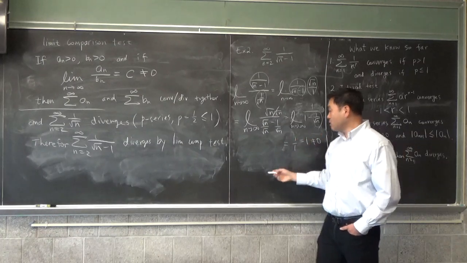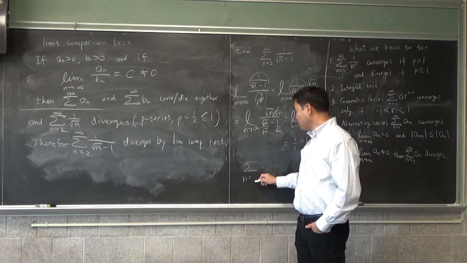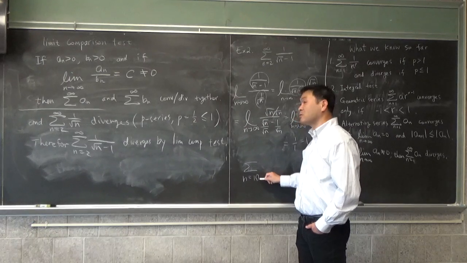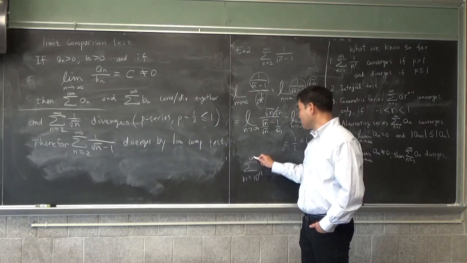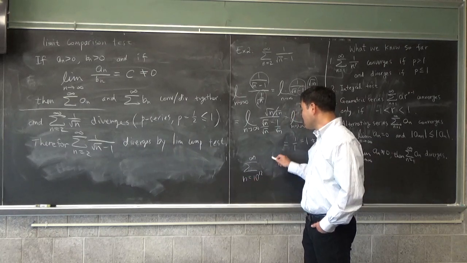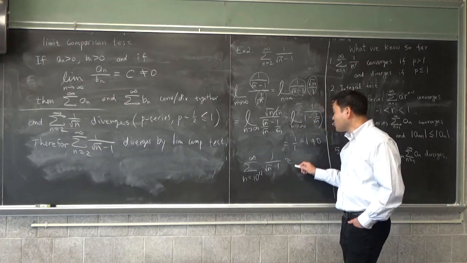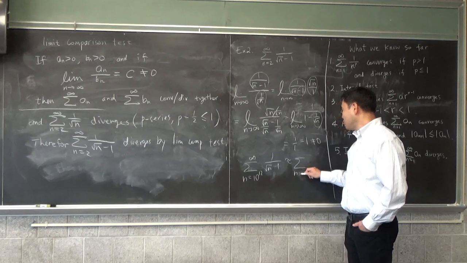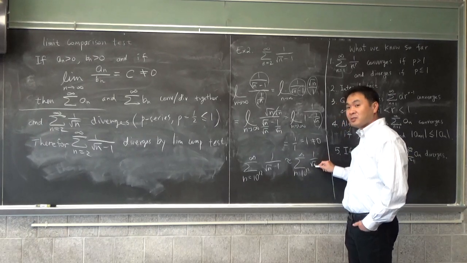So when you're talking about n from, say, a trillion, 10 to the 12th power, the term 1 over square root of n minus 1 is about the same as 1 over square root of n, right?